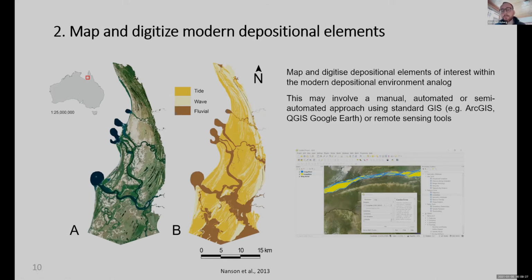deltaic system. And this is some work that has been done by Rachel Nansen, who was formerly at ASP at the University of Adelaide.